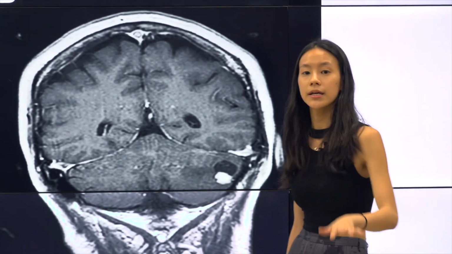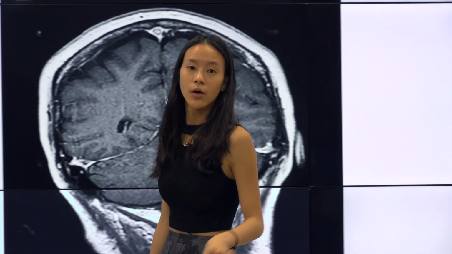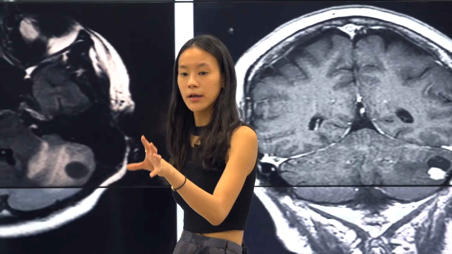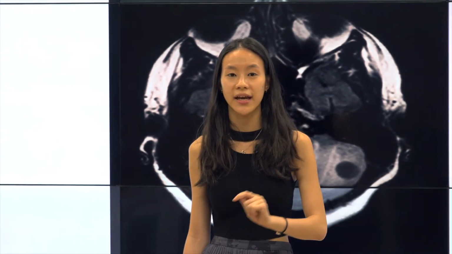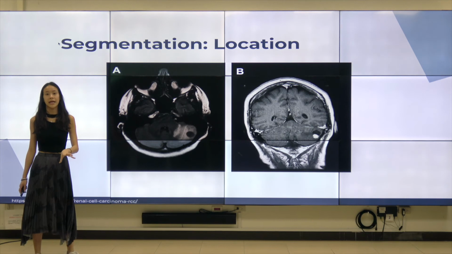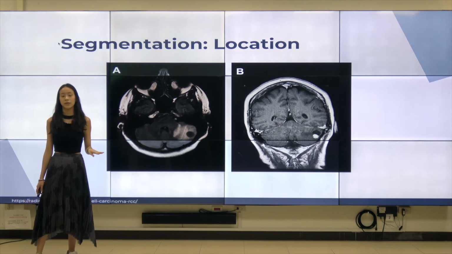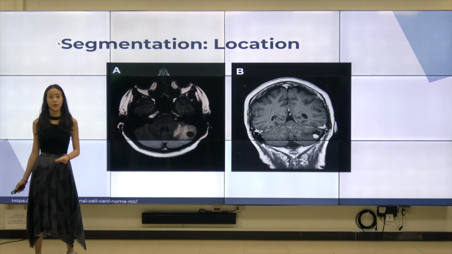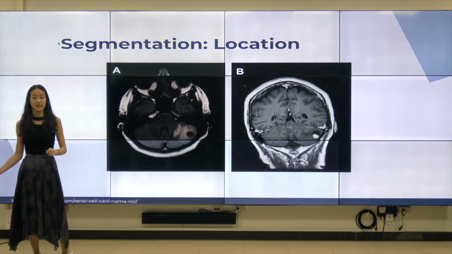So we're only looking at this area of the brain, whether or not it has spread, or as we said before, if there is a benign tumor that is growing in a vital part of the brain, then we'll know that there isn't a lot of time for this patient left. And so by segmenting this location and only specifically looking at this location, we can say, there's a tumor right here, this is how it's going to be, and this is the outcome, you don't have much longer to live. So that's where segmentation can come into play.